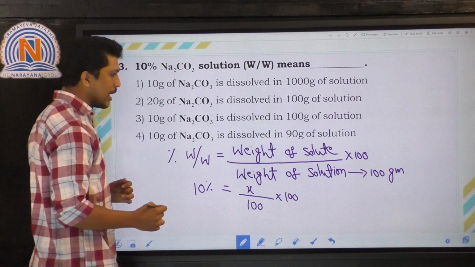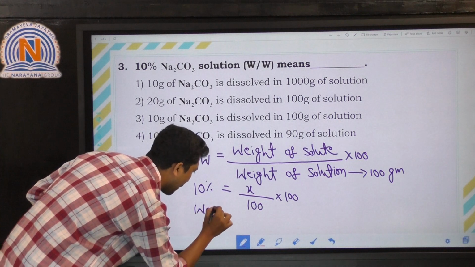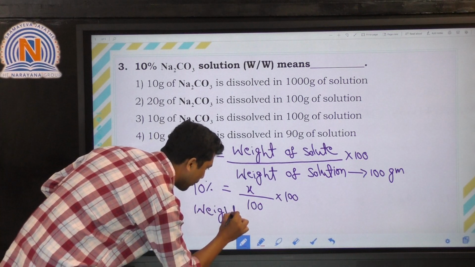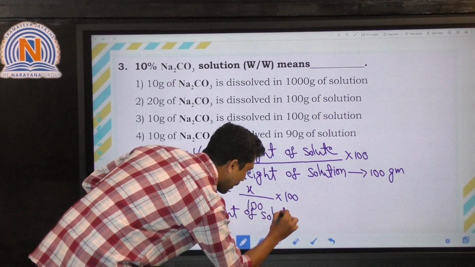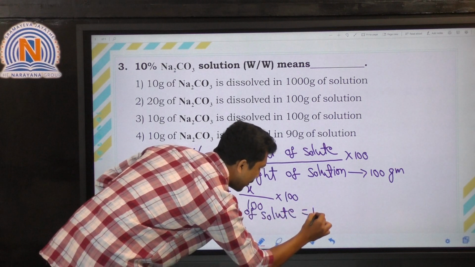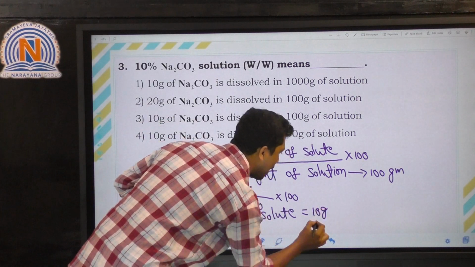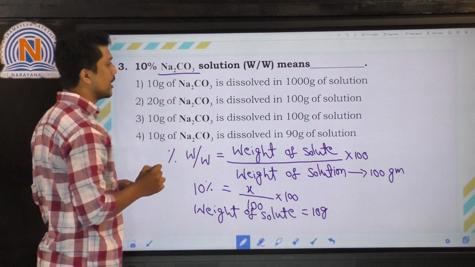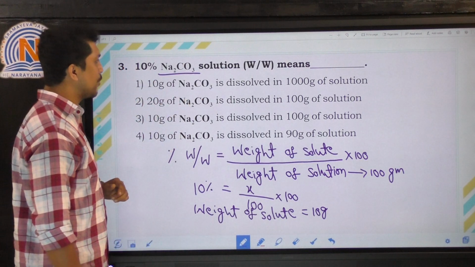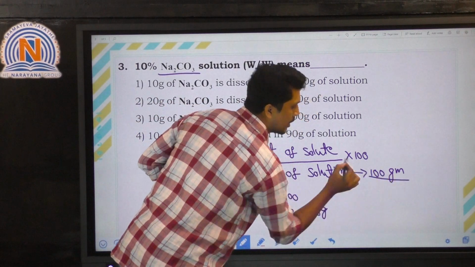Then we will get the weight of solute equal to 10. That means 10 grams of solute, that is Na2CO3. 10 grams of Na2CO3 is dissolved in 100 grams of solution.